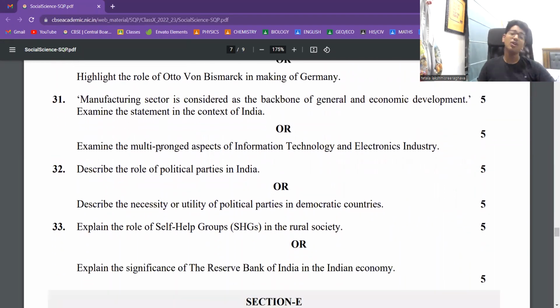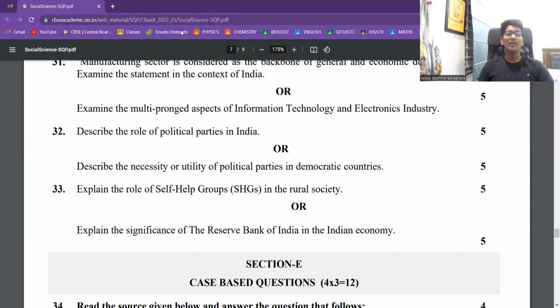Every question has an OR question this time. Your schools might be telling you that you'll have an OR question between globalization and print culture. Don't believe them, because whichever question paper I'm getting in my school, as well as the sample question papers of the board, there is no OR question between globalization and print culture.